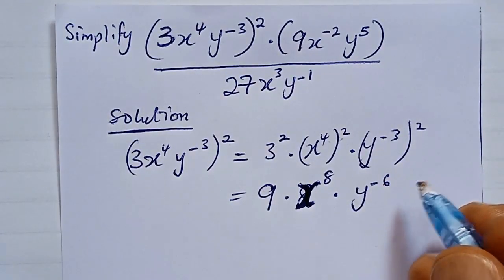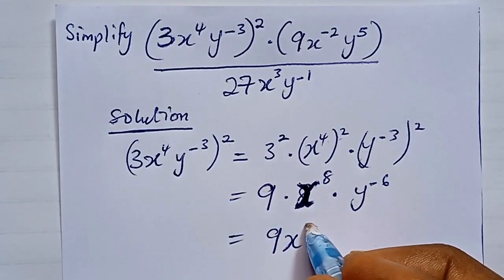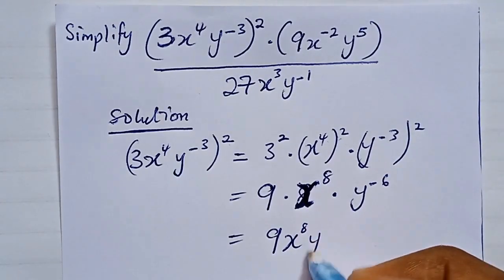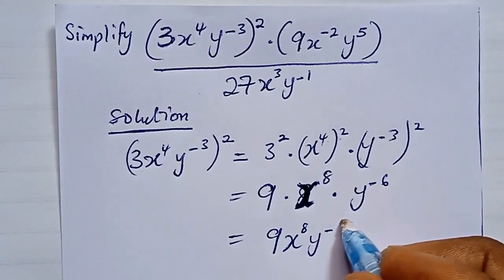So this is what we are left with: 9x^8 y^-6.